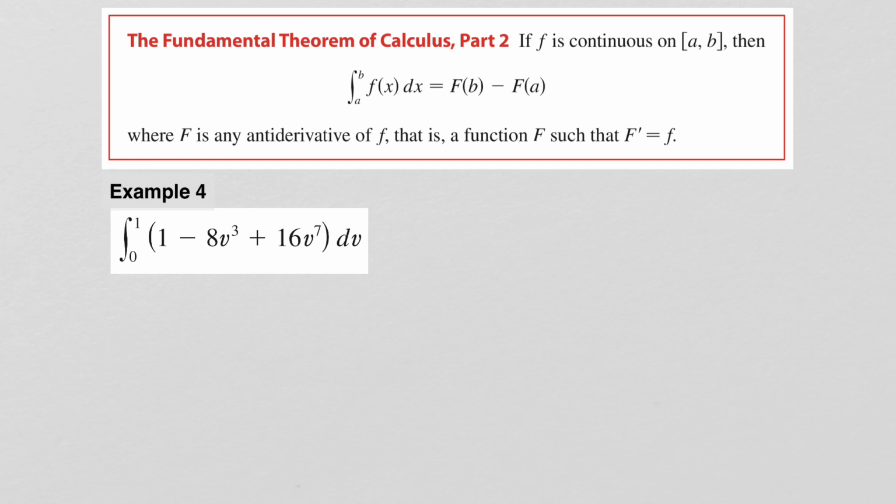So in other words, capital F prime is little f. So this says if you have a definite integral, you can find the value of this integral by finding the antiderivative of the function and then simply plugging in the limits of integration and subtracting them.